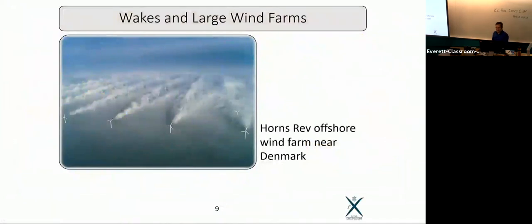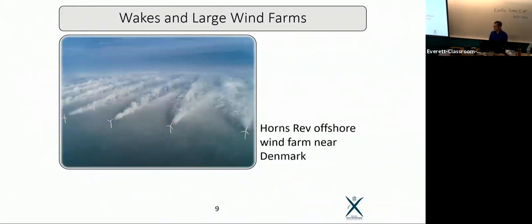Then I've just got a few slides on offshore wind farms and wakes. If you're going to talk about the effect of wakes on wind farms, I believe this picture is required by law to be in your presentation. This is a wind farm off the coast of Denmark, and there must have been a marine layer that day, so it was really obvious.